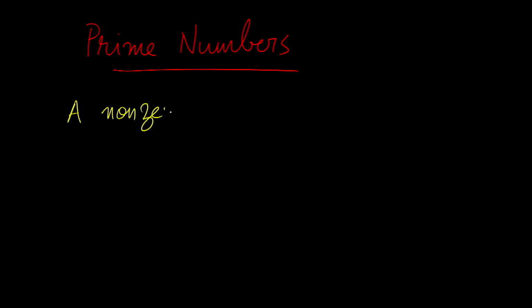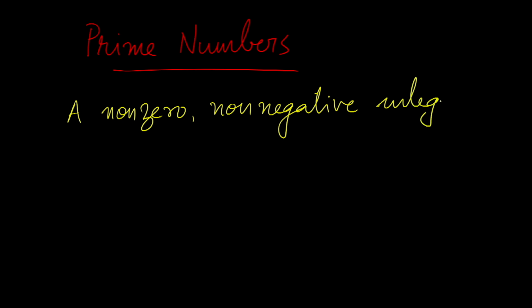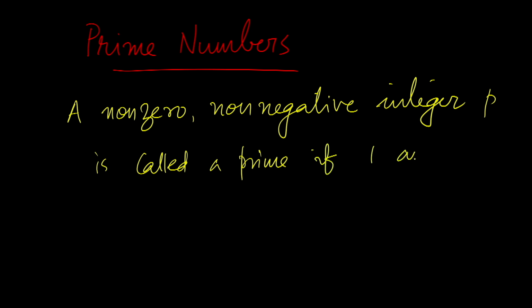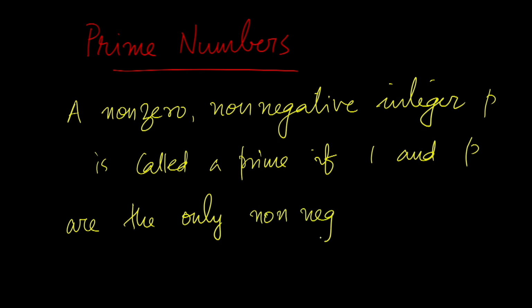A non-zero, non-negative integer P is called a prime if 1 and P are the only non-negative divisors it has.